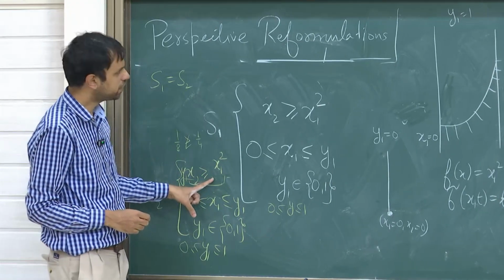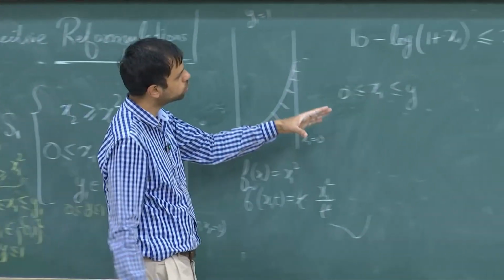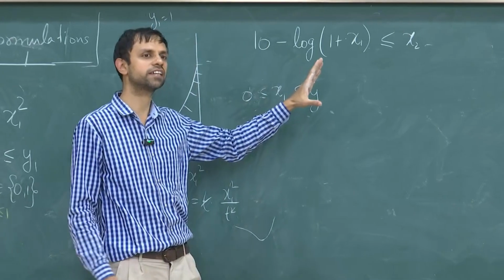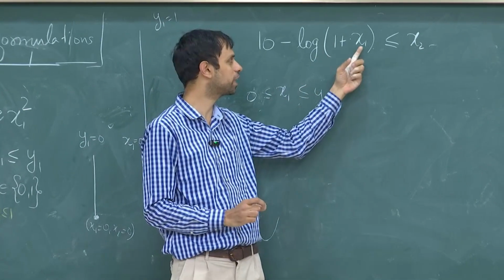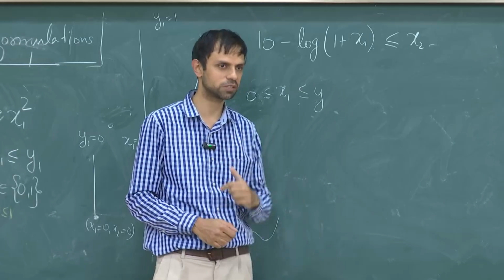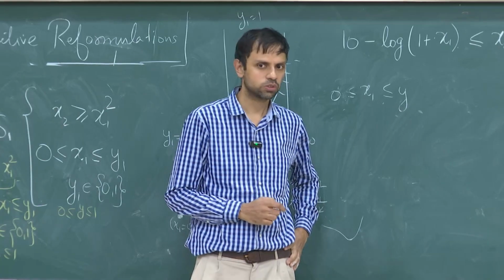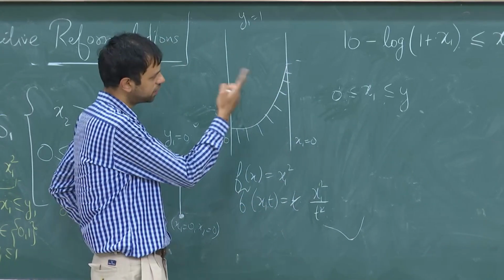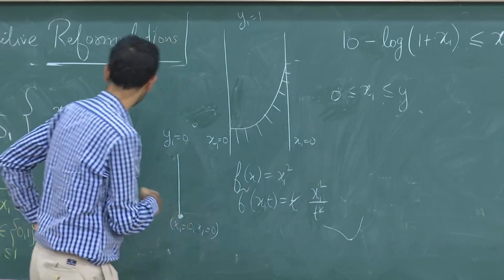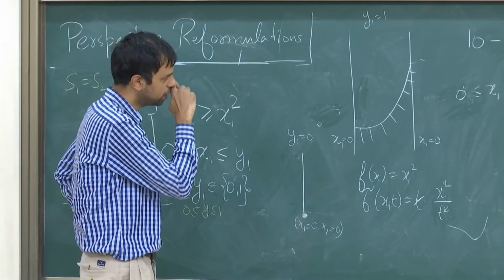But unlike the quadratic case, here I will not be able to cross multiply and take that y1 to the other side. That is not possible in these functions. So it is still possible to rewrite this using perspective reformulation.